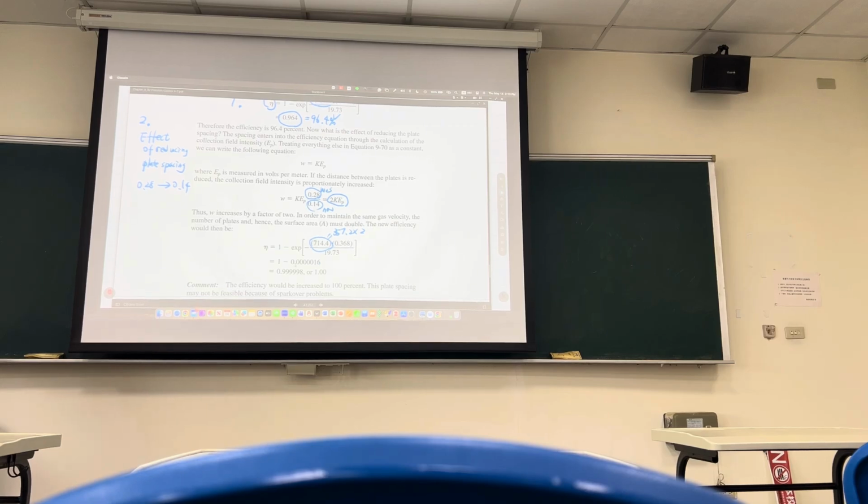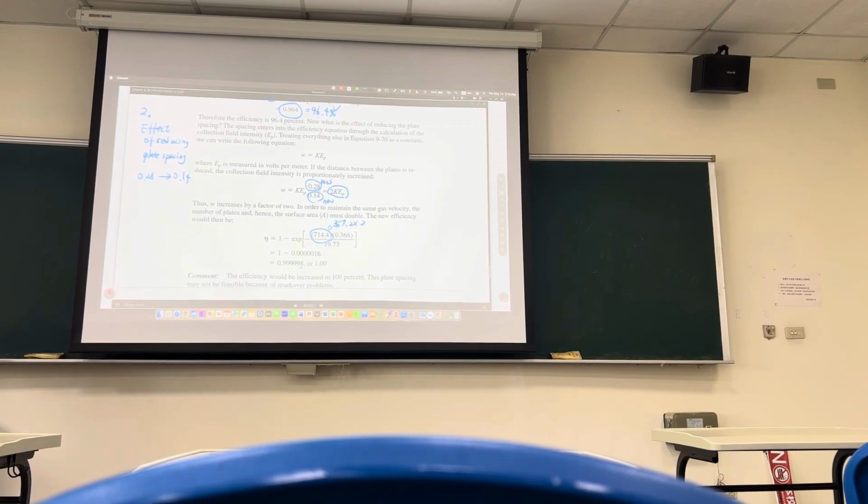As you can see, if you reduce the spacing, the efficiency rises from 96.4% to 99.9%, even close to 100%. Okay? So spacing matters.